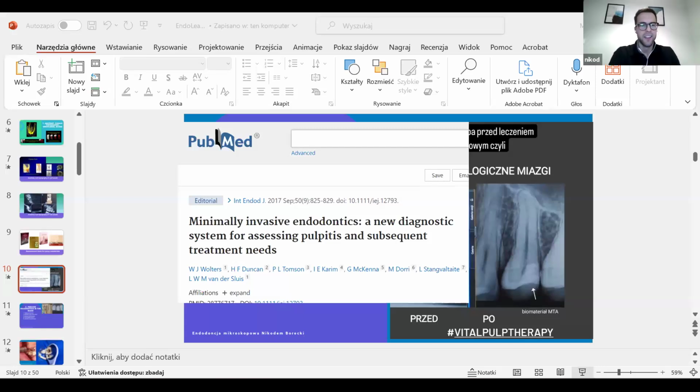Okay. So the second one, clinical examination. So much important because the patient won't always give us an answer and locate the pain. Many times we need to find the reason for his pain. So mainly we do cold tests.